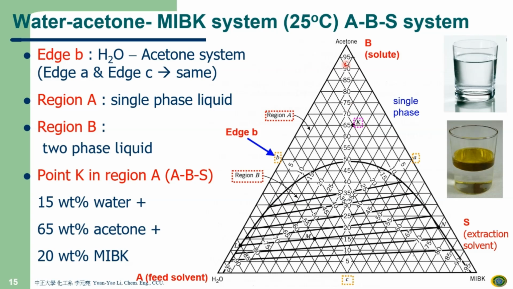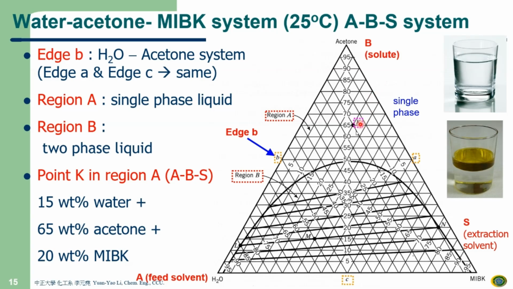So what's the acetone? Acetone should be this line, because this is phase to acetone. What's the weight percent here for acetone? 65, right? 65. Okay? So what's the concentration of the MIBK in the K point here?